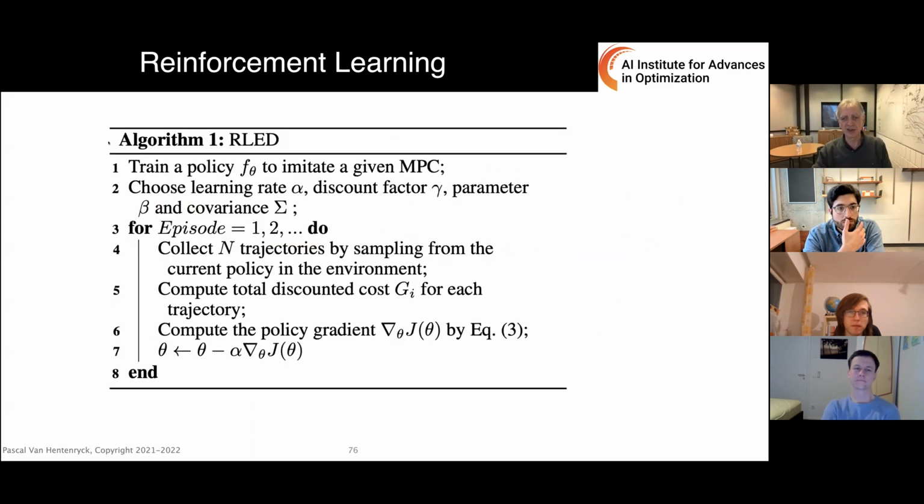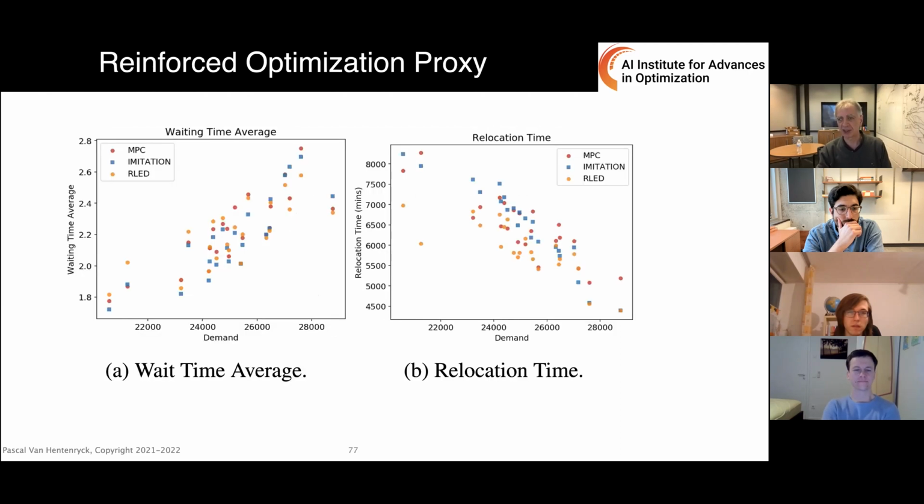The way we do that is by generating a variety of trajectories using the digital twin, and then doing policy gradients optimization. And the results are also interesting in the sense that they don't change the waiting time, but they decrease the relocation miles by about 8 to 10%.